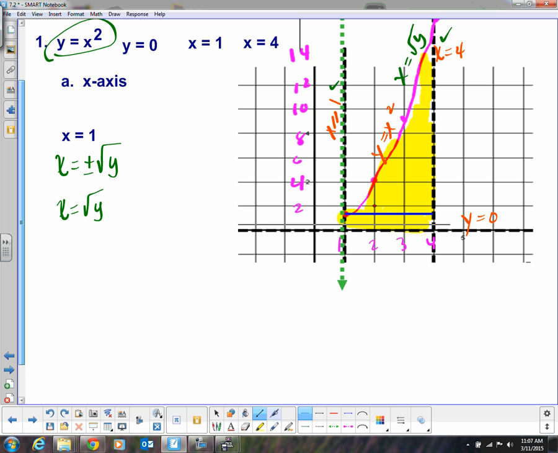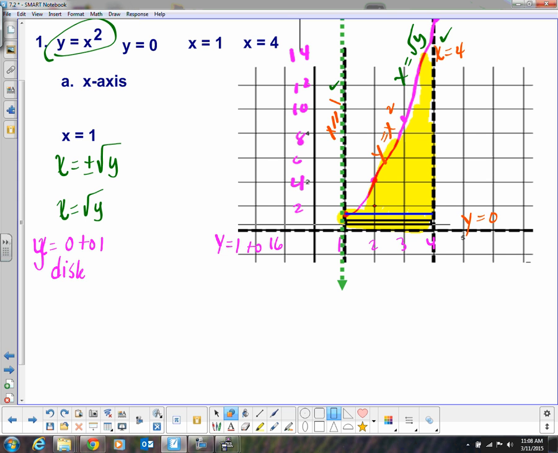So what we're going to have to do is, now this is what I do. You've got 3 problems on my worksheet tonight. I'm going to say from y equals 0 to what? 0 to 1. And then y equals 1 to what? How high did that go? 16. So what we have is a disk. How many radii should I have on a disk? 1. From the axis to the end.